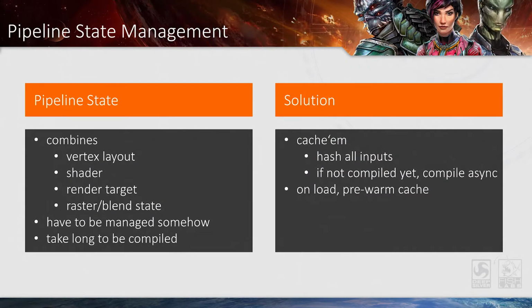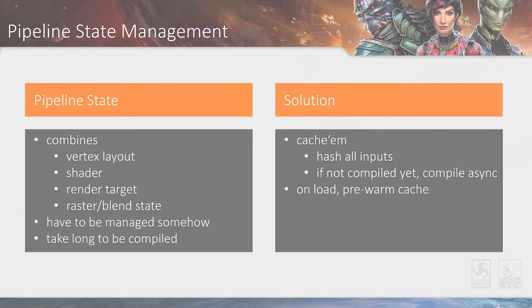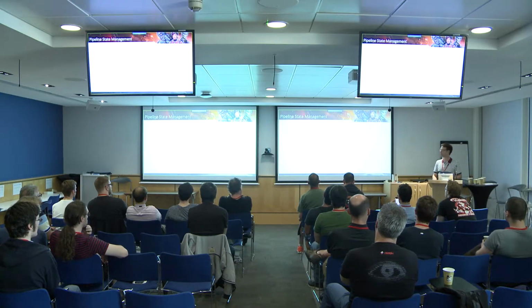Next is the management of graphics pipeline states, or render pipeline states, or pipeline states in general. With Vulkan, you can't really use the shader directly. You have to use pipeline states because a lot of things go into these. For example, the vertex layout, the shader, the format of the render target, the raster, and the blend state.